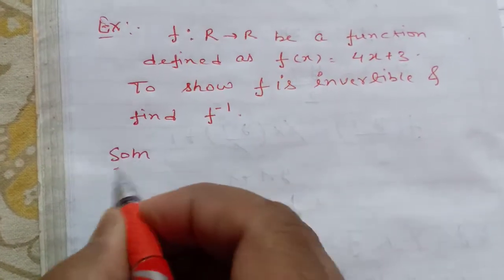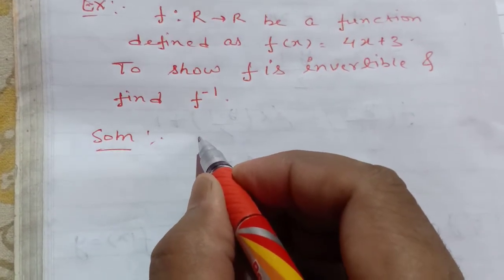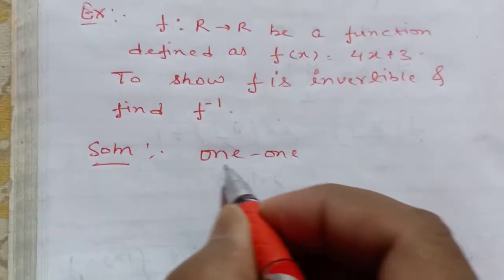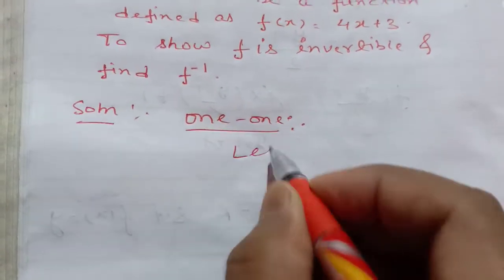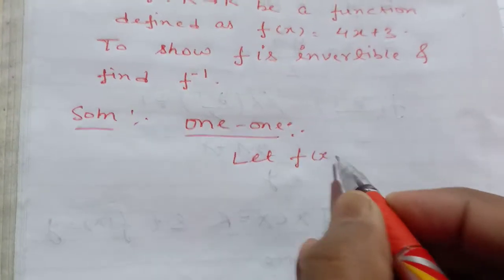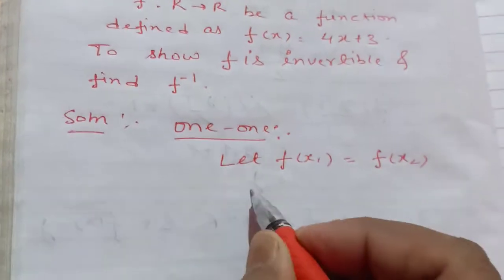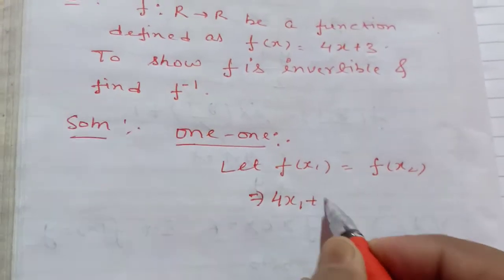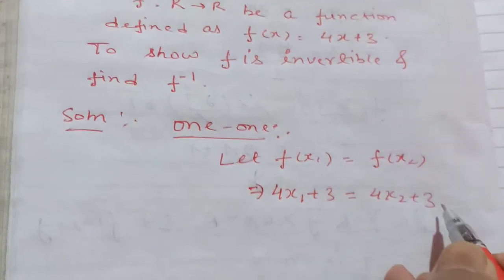Solution: One-one. Let f(x1) = f(x2). This implies that 4x1 + 3 = 4x2 + 3.